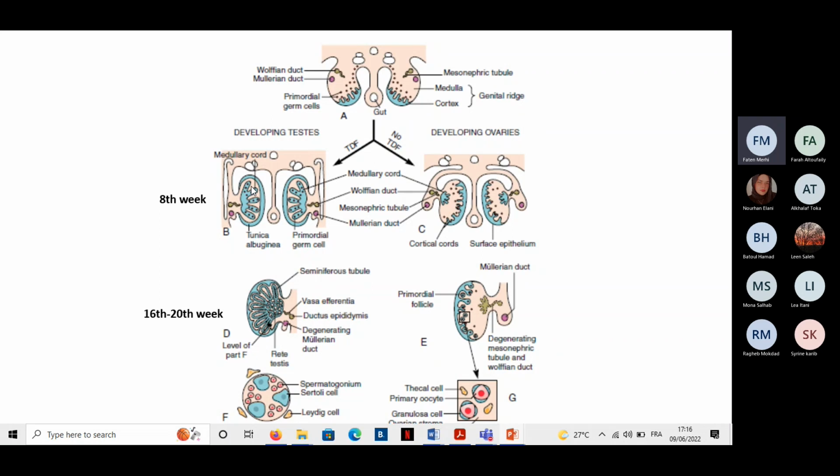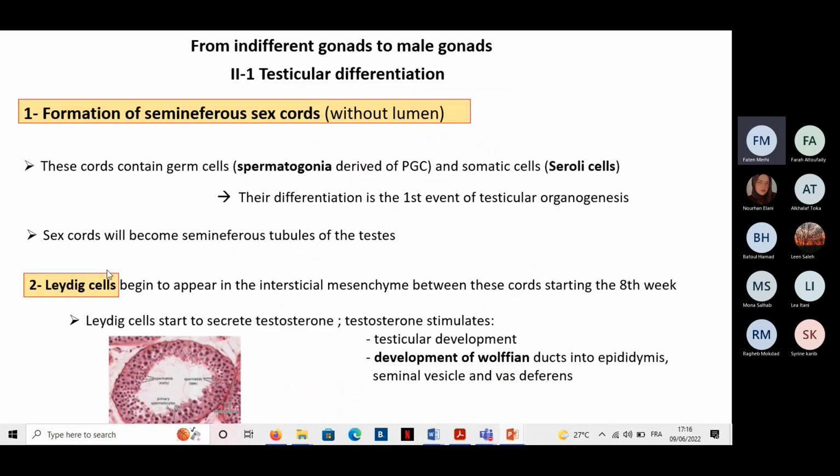So the second step in the testicular differentiation is the appearance of those Leydig cells, and they have for origin the mesenchymal cells. They are not generated from the PGCs, for example, and they are not generated from the sex cords, like in the case of the Sertoli cells. No, the Leydig cells appear in the interstitial mesenchyme, so they have for origin the mesenchyme.